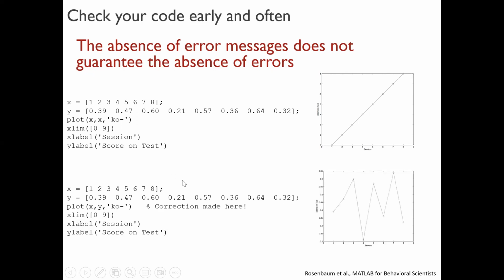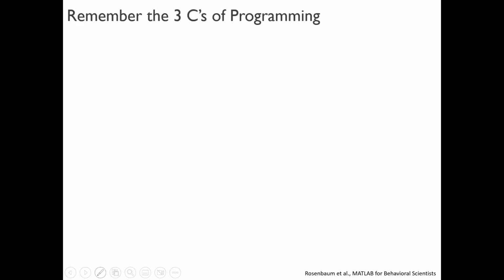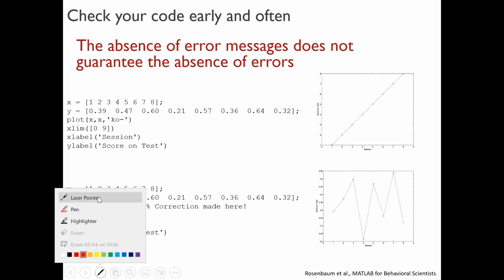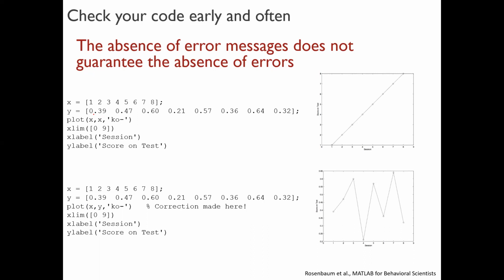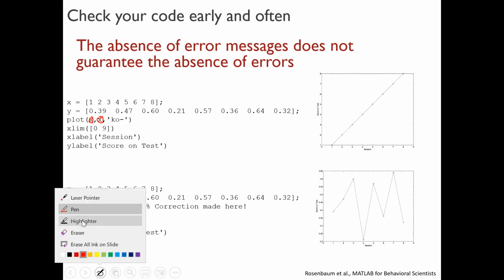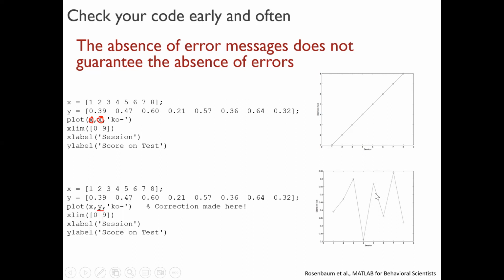And that problem is that in the first block of code, I should have x here, and then y adjacent to it. But instead, I have x and x. And now you can see that in the second example, I now have x and y. So this is a case where making sure that the output, the figure, looks like you think it should based on your understanding of the data is really important as a way to check your code.